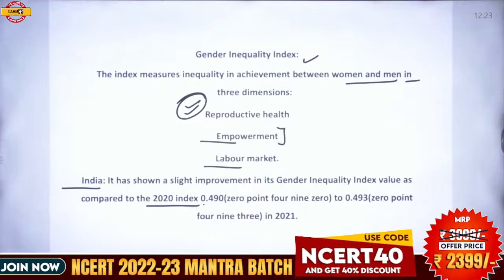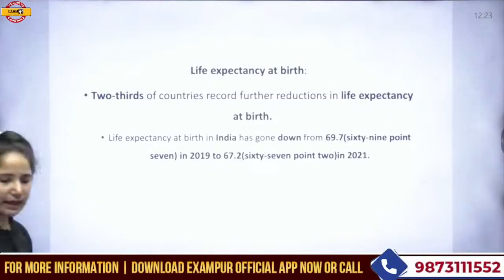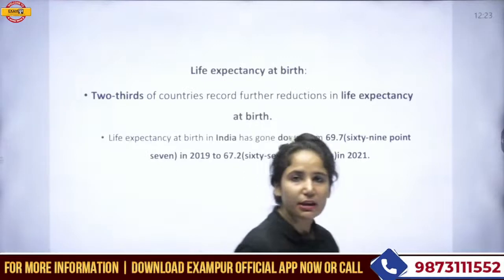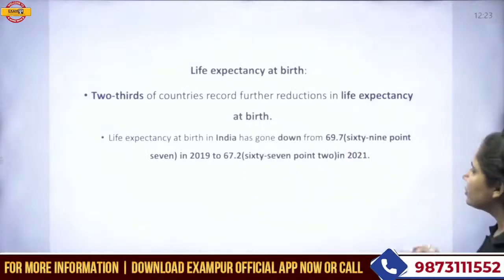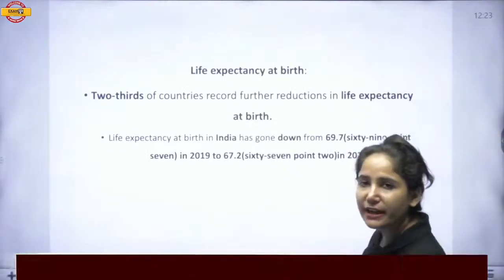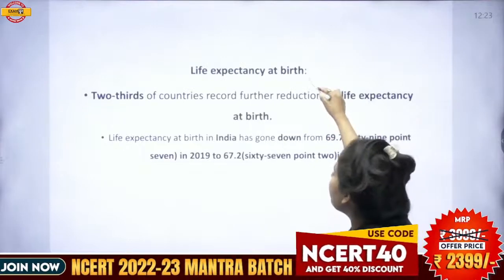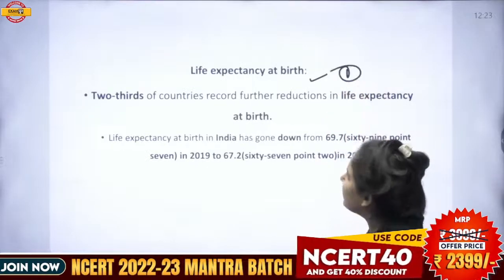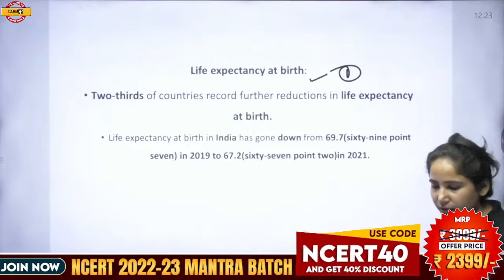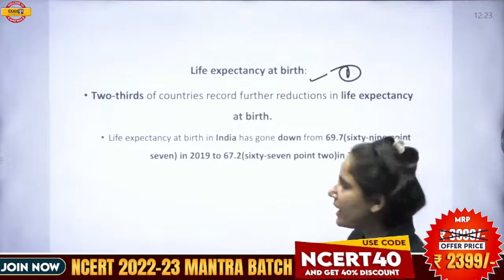So this inequality ratio has also declined. The score has improved, and what kind of scenario is there in other cases, you have to make sure of that. So inequality ratio we are concerned about, and the life expectancy. This is the first indicator which establishes the base for HDI.